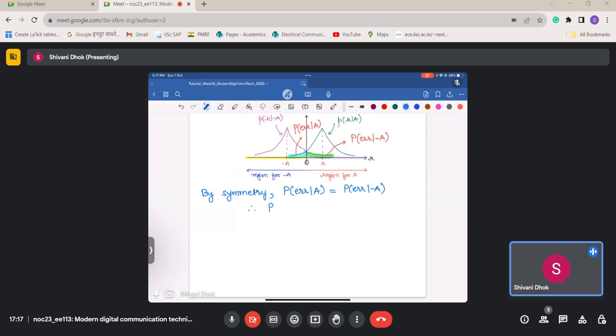Therefore, the probability of error will be equal to the probability of A, which is 1 by 2, into the probability of error given A, plus 1 by 2 into the probability of error given minus A, which is equal to the probability of error given, let's do it for minus A. Let us solve this integral.